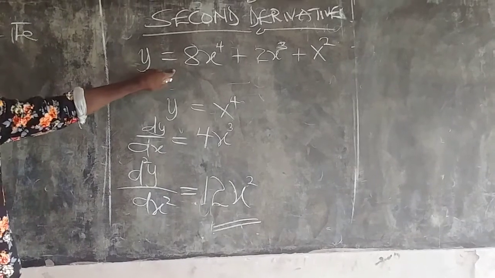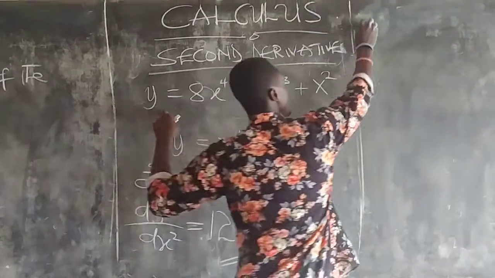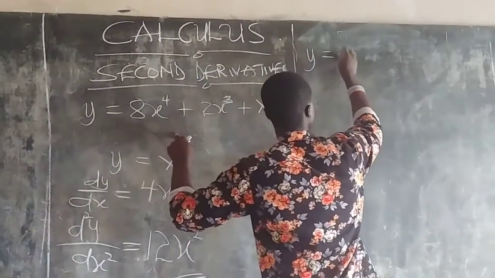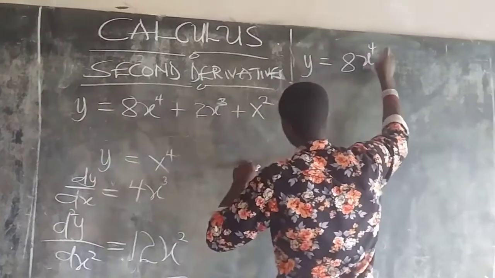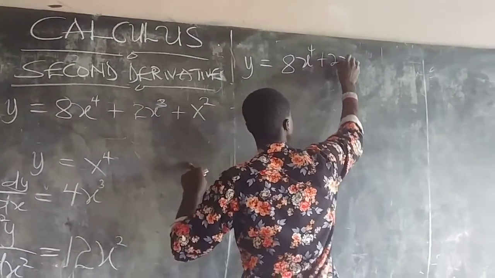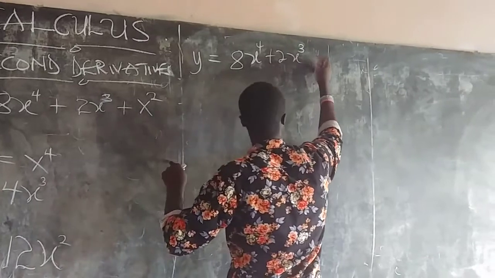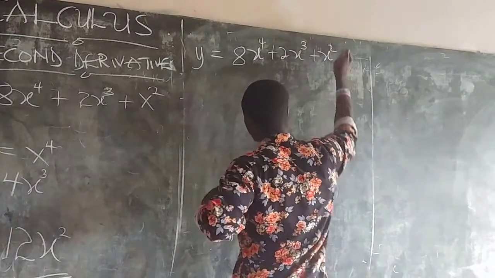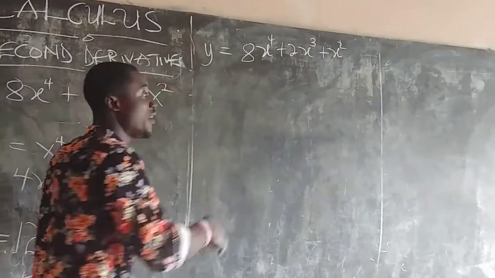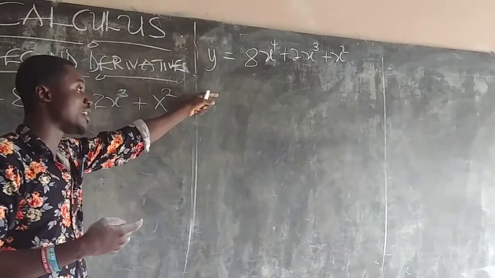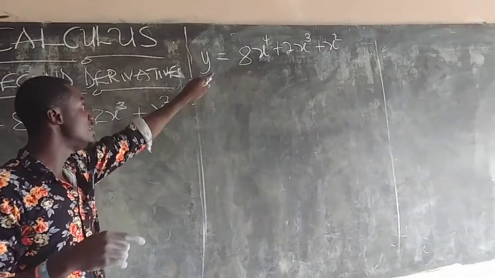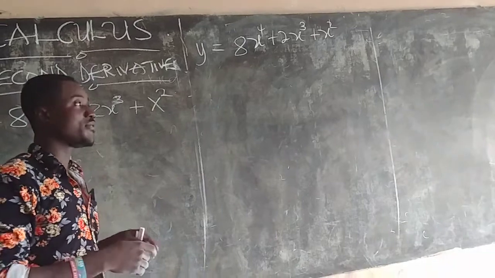So let's come to this question. y is equal to 8x exponent 4 plus 2x exponent 3 plus x squared. You are being asked to find the second derivative of this function. First thing, differentiate this function first.